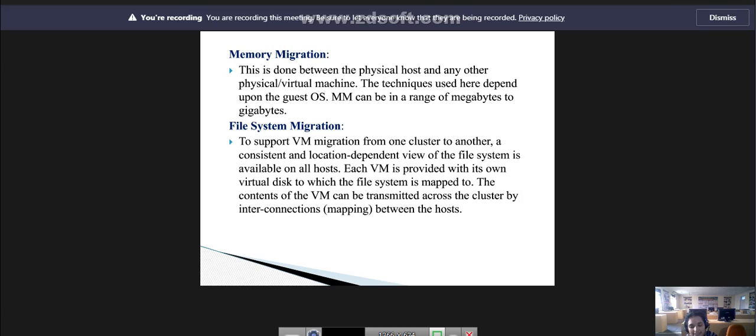The Internet Suspend/Resume technique exploits temporal locality, as memory states are likely to have considerable overlap in the suspended and resumed instances of virtual machines.